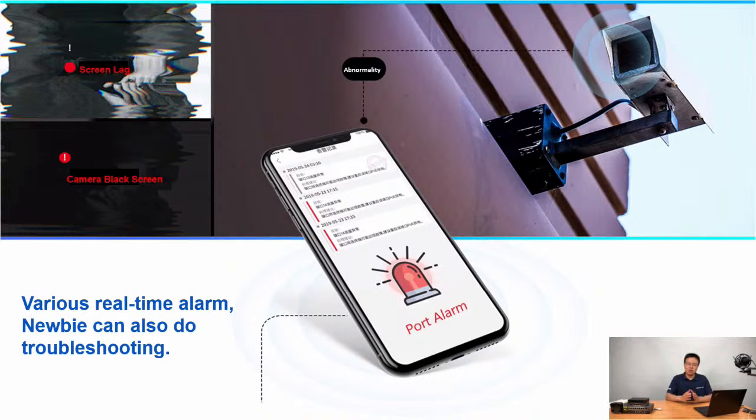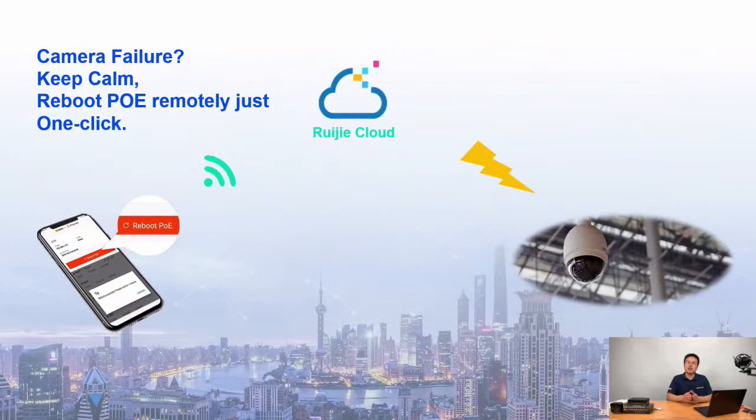After getting the alarm, you can use the reboot helper to reboot the PoE remotely with just one click. No need to go on site, go to the customer side, or call the customer to do many things. It makes the customer satisfied. Okay, it will save your cost. I think yes, right?